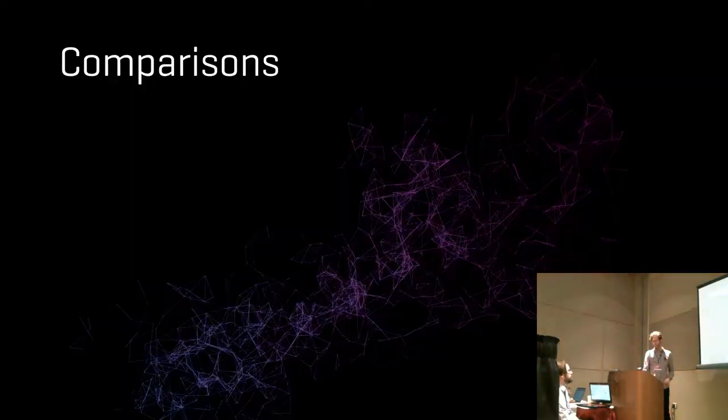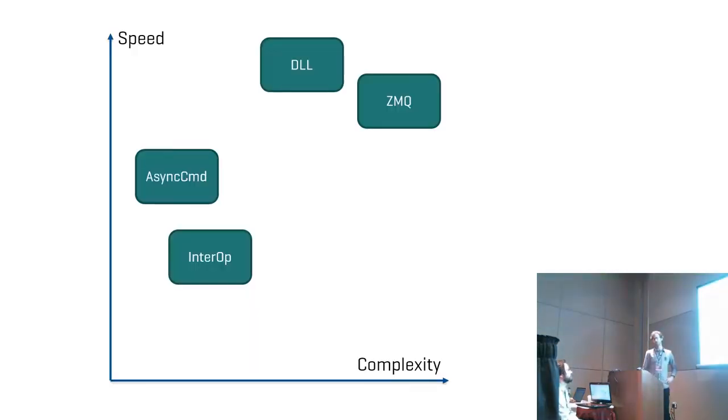I have made some comparisons of these different protocols. So if we look at speed, what you can do with it versus complexity, I'll put DLL and CMQ right up there because they're very fast. You can do very effective stuff with them, but they are also more complex.